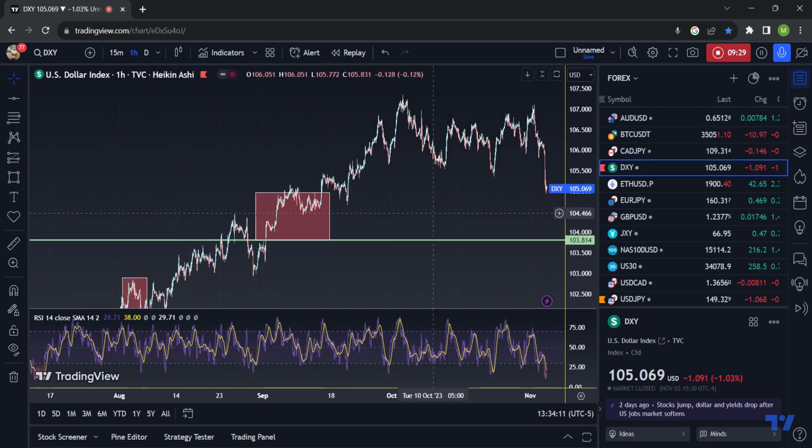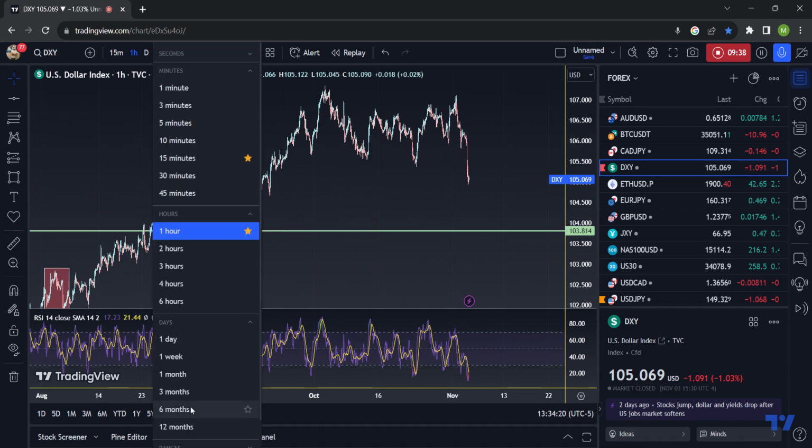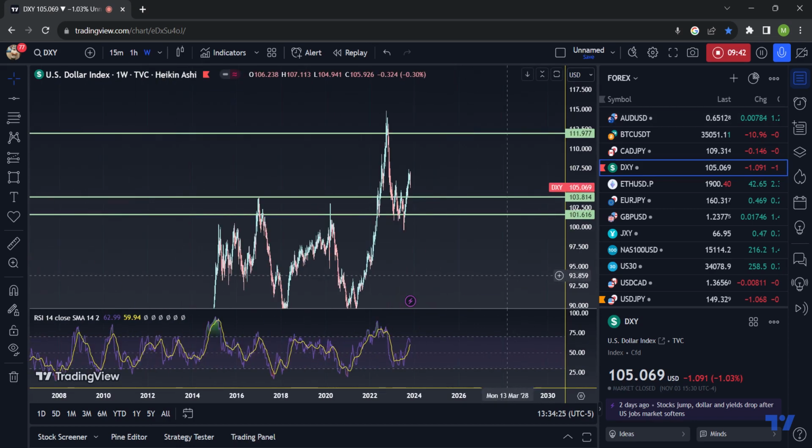Since I didn't label it, if you want to know where our next target would be, here you won't be able to see accurately. So you want to go back to weekly. Stretch the chart out nicely.